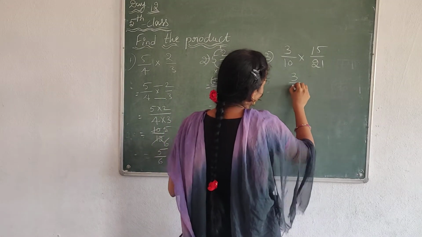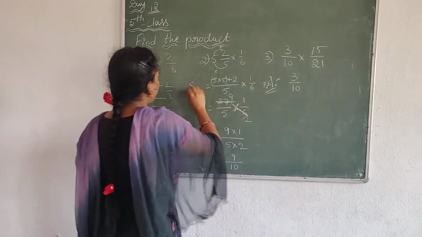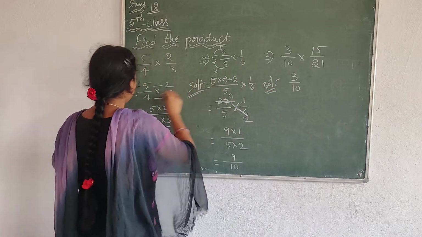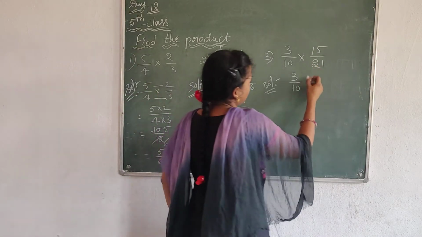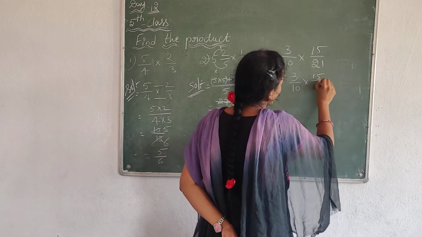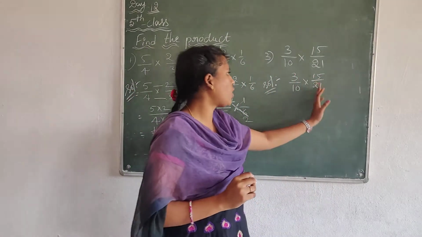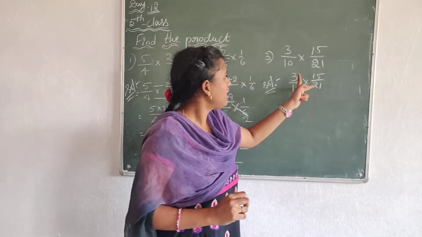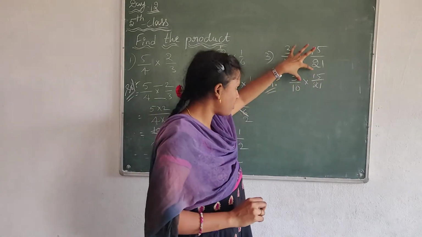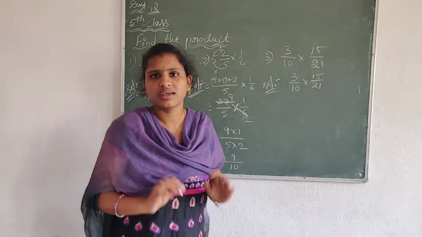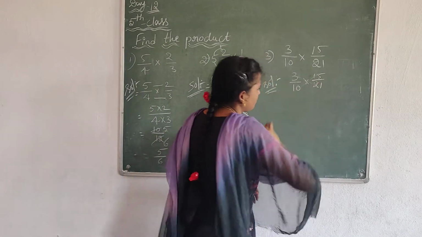Let's take this number. Take these fractions down. See, into 15 by 21. Let's see here, cross. Do these two numbers cancel in any common table, or do these two numbers cancel in any common table? See that first, like a cross.